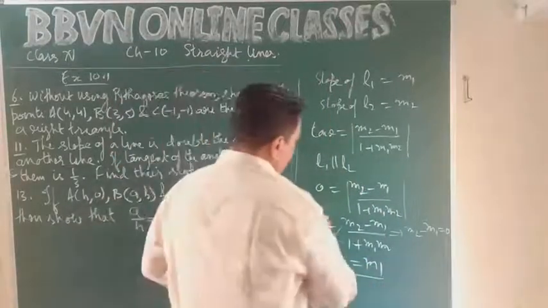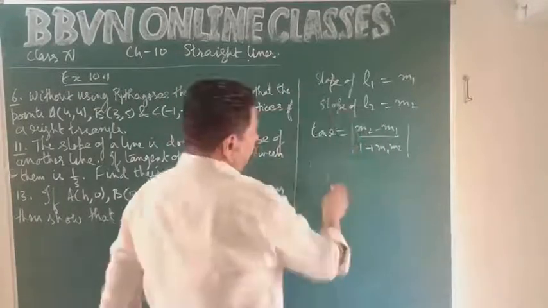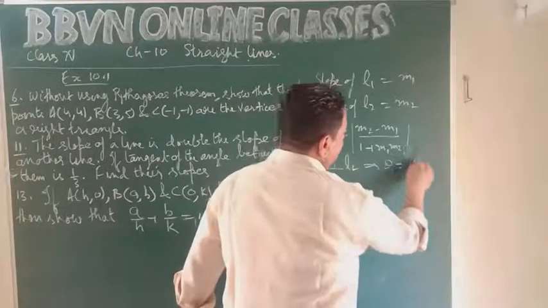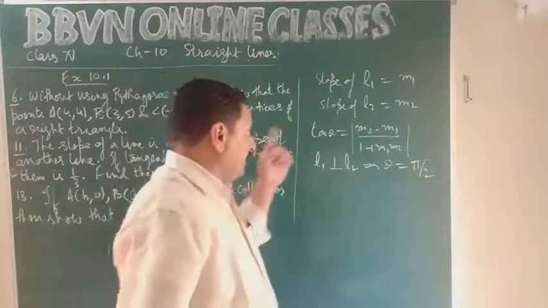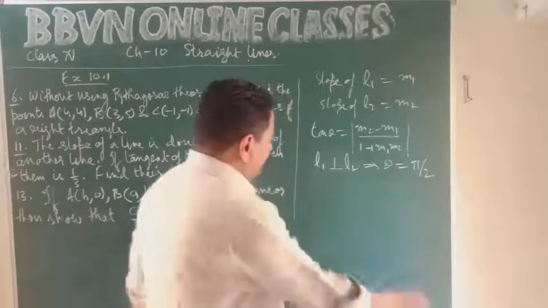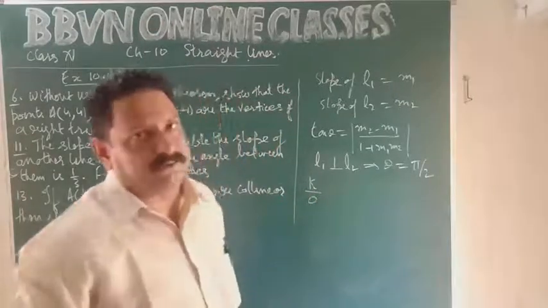Now case 2. L1 is perpendicular to L2. In that case, theta becomes pi by 2, that is 90 degrees. Now, what is tan 90? Undefined. So, I can take it as k upon 0, where k is any non-zero constant.